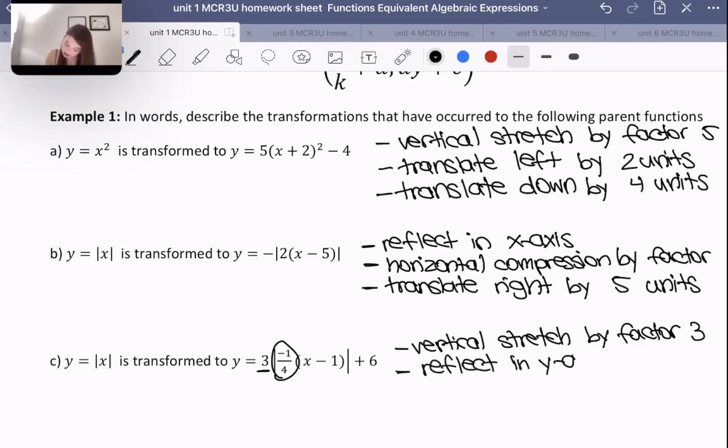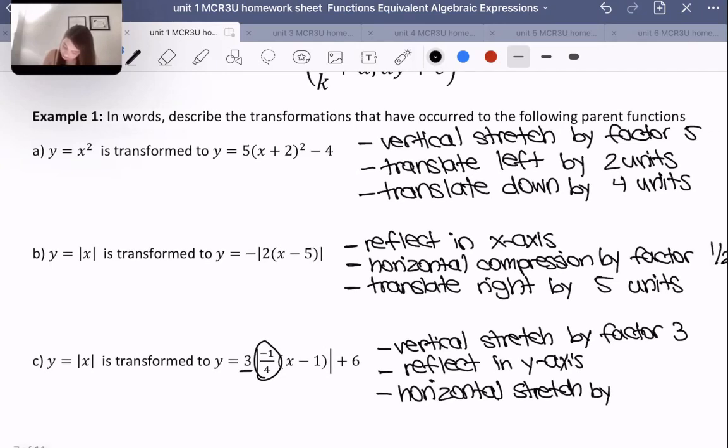Reflect in the y-axis because of the negative sign there. And then we also need to do a horizontal stretch by 4, right? Because remember, it's 1 over the absolute value of k, and 1 over 1 over 4 is 4. So it's a horizontal stretch by factor 4.